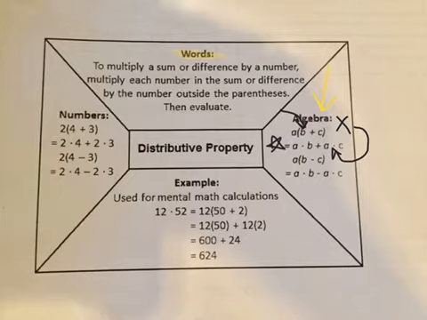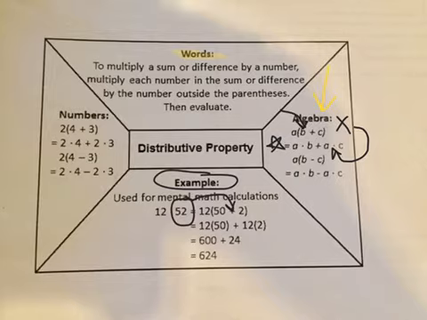So if you look down here at our example, it says 12 times 52, and it wants you to find that mentally. And that's more difficult to do mentally than some other math problems. So they use a distributive property, and they took this second factor, 52, and wrote it in a different way. 50 plus 2 does equal 52, but you're more capable of doing the mental math for 12 times 50 and 12 times 2.